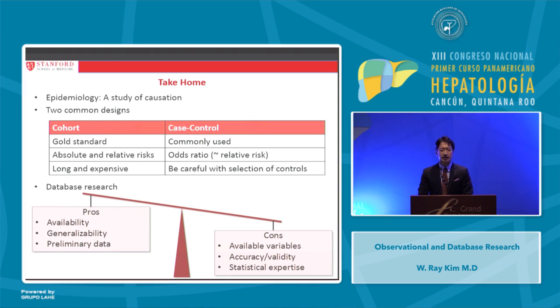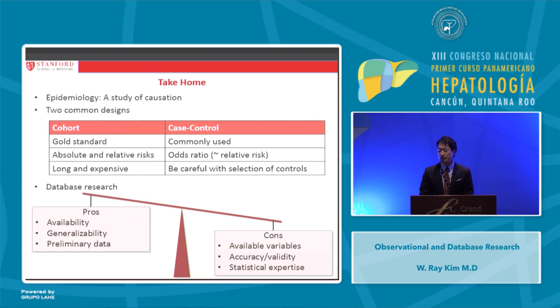So this is my last slide, take-home points. Epidemiology is a study of causation. So think about that. The two common observational study designs are a cohort study and case control study. Cohort study is considered the gold standard. You get the absolute and relative risks, but it is long and expensive to do.